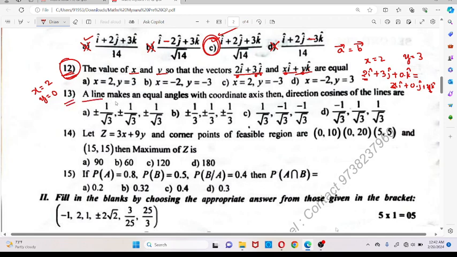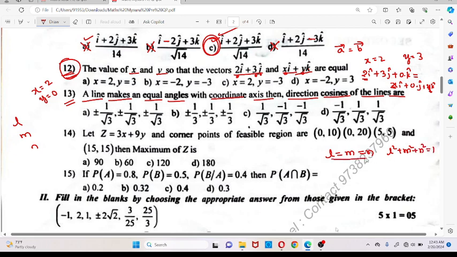Next, question number 13. A line makes equal angles with the coordinate axes, that is the x axis, y axis and z axis, then the direction cosines of the line are what? See, let L, M, N be the direction cosines of a line. Since they are equal, L is equal to M is equal to N. We know that L square plus M square plus N square is always equal to 1.